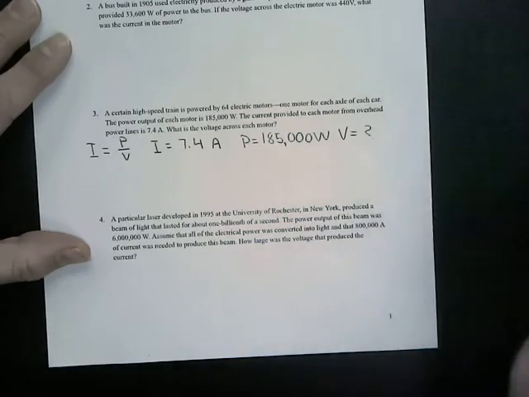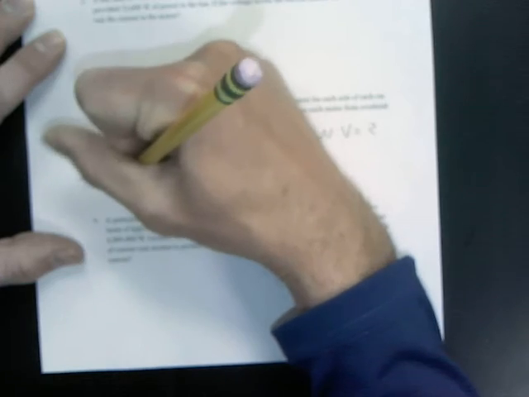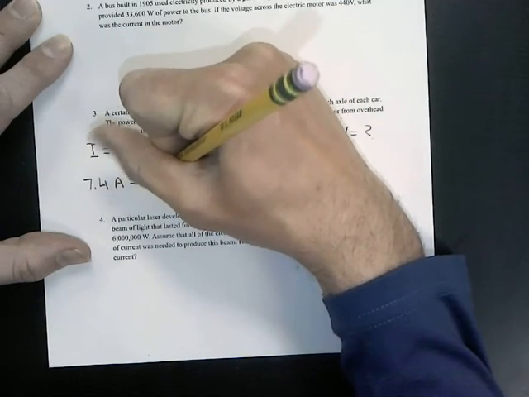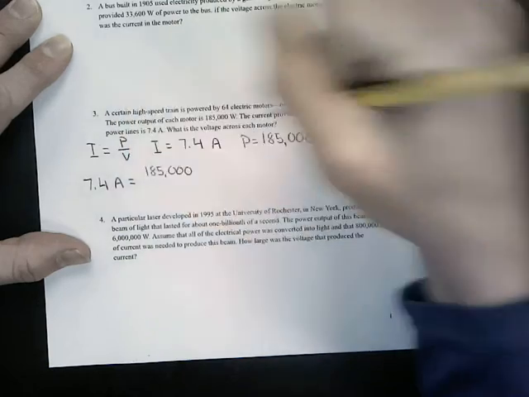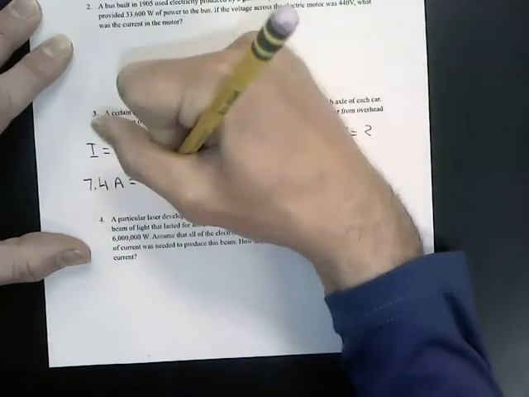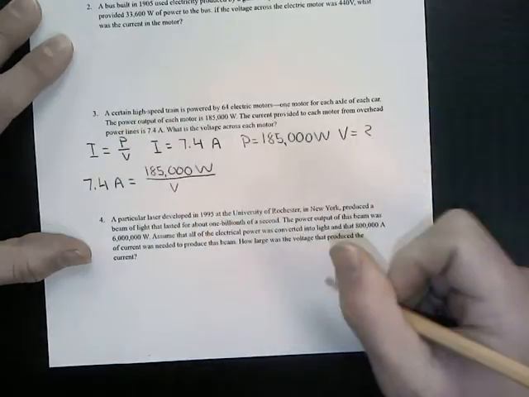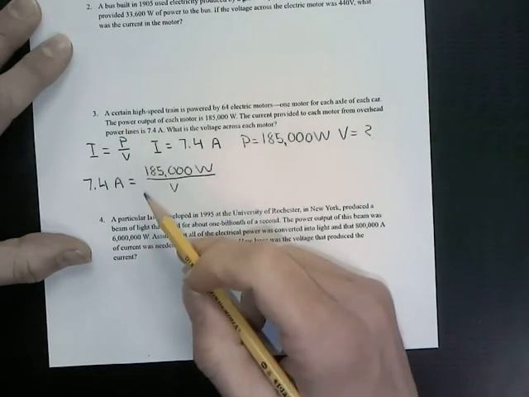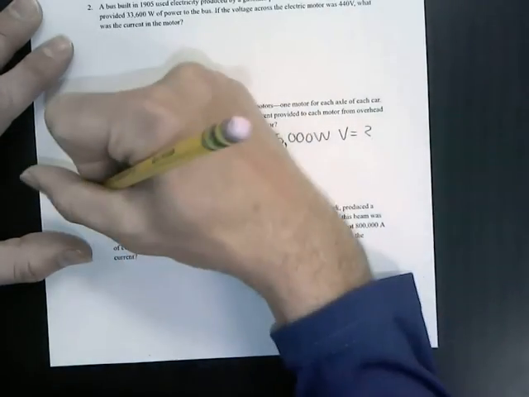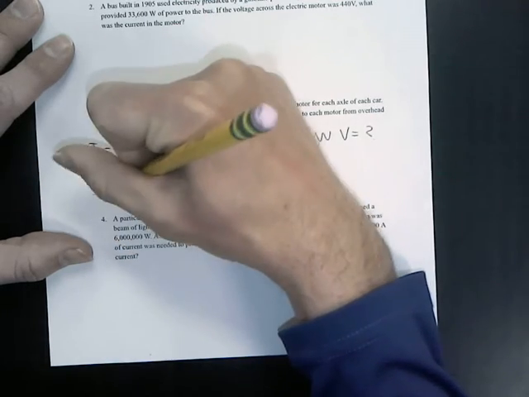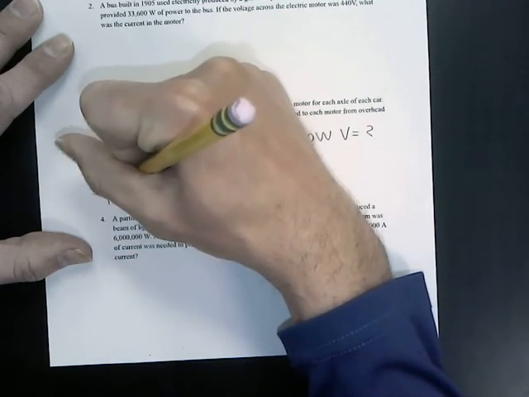So we're going to have to do a little algebra here. So our amps here is 7.4 amps. Equals our power, which is 185,000 watts, all divided by our V for volts. Now, when we have this scenario, remember we pretend that these are equivalent fractions and we cross multiply.